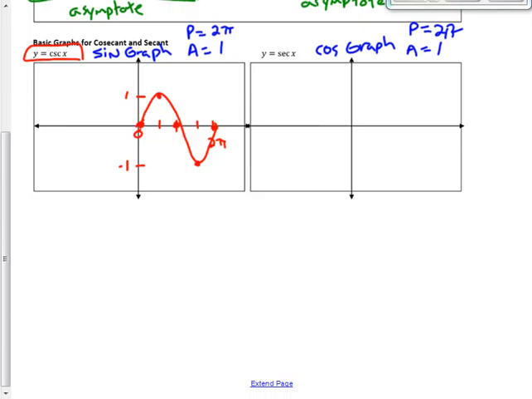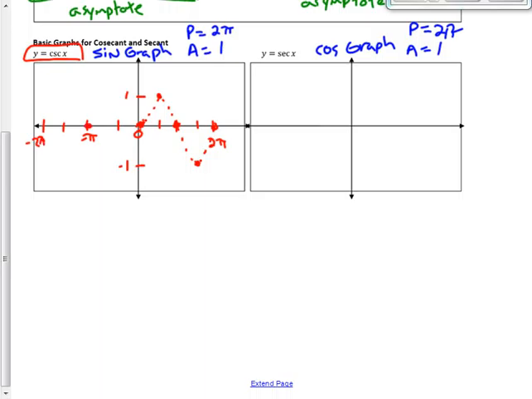I'm actually going to go back and draw that in as a dashed line, because I don't actually want the sine graph. I'm just using it to help me make the cosecant. I'm going to make one period to the right and then one to the left. So here's pi, negative pi, and negative 2 pi over here.